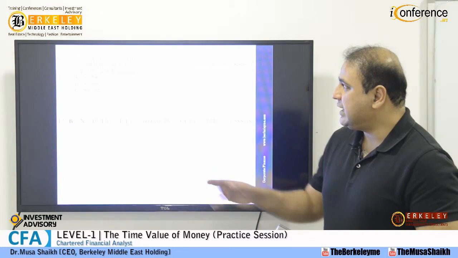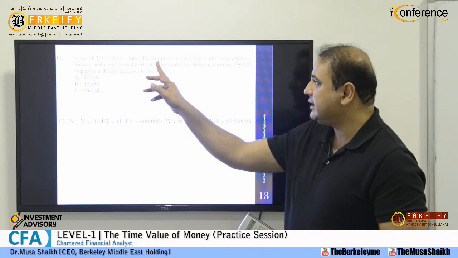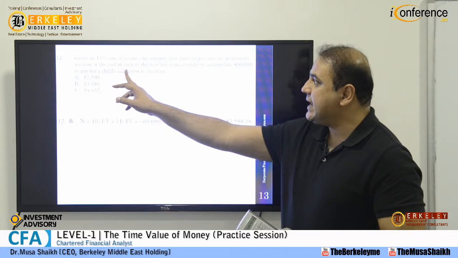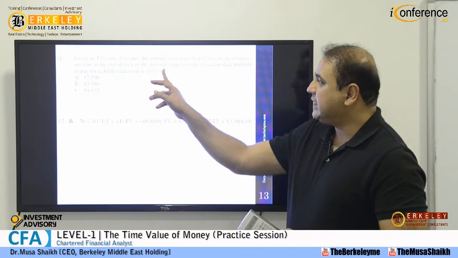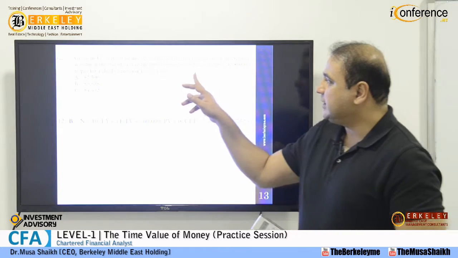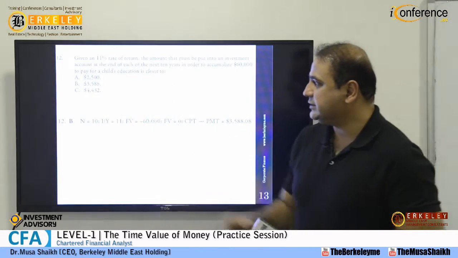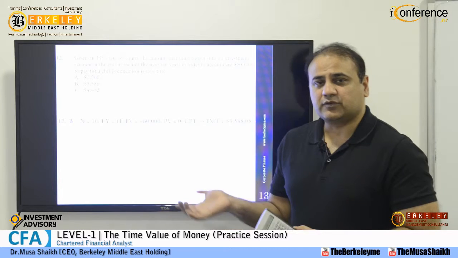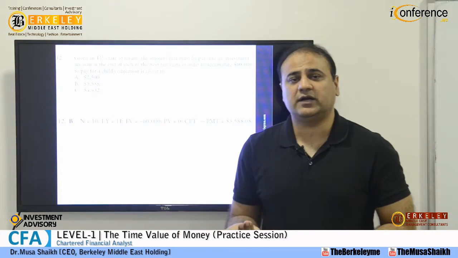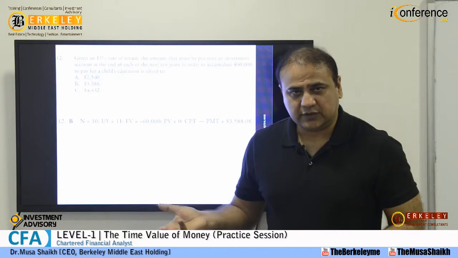Moving forward, we are given an 11% rate of return, that is IY, and the amount that must be put into an investment account at the end of each of the next 10 years in order to accumulate 60,000, that is your future value, to pay for a child's education is closest to what? So the question is pretty simple, because you need money at the end of the period, so it is a normal stream and there is no need for the beginning mode.